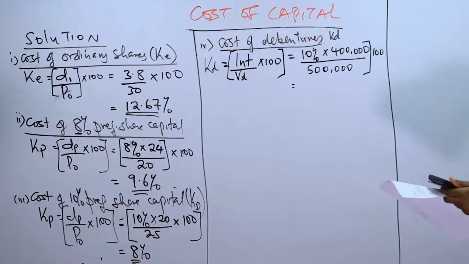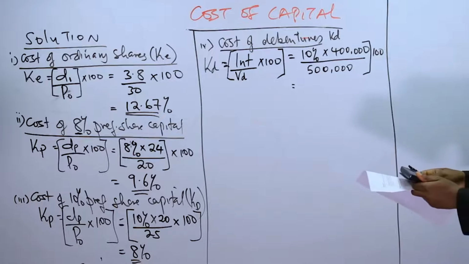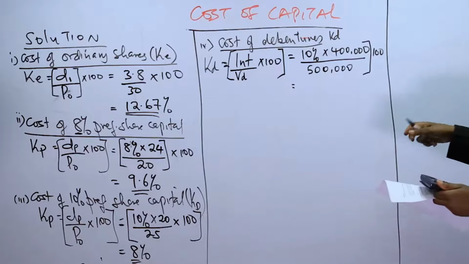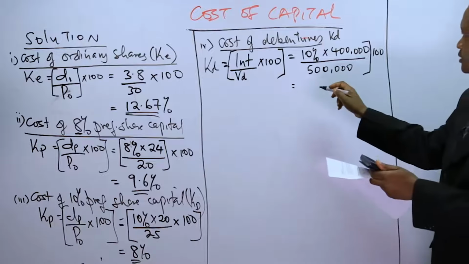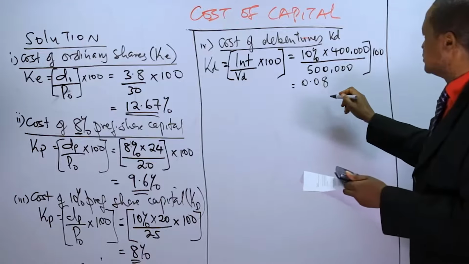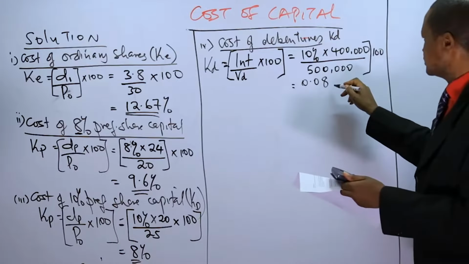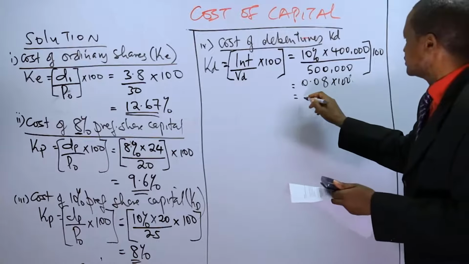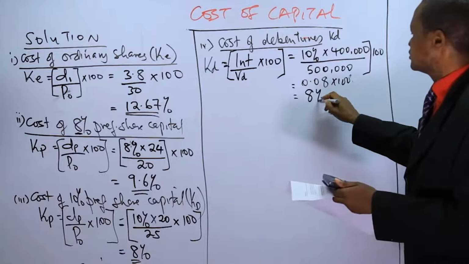Divide 40,000 by 500,000. The cost here is 0.08 times 100. That will give us 8%.